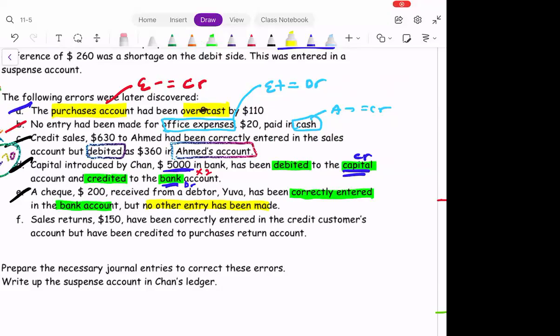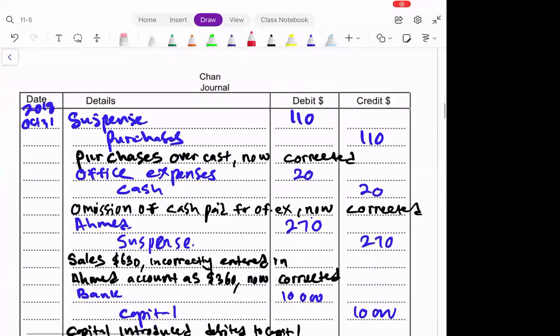But now they already recorded in the bank. So now which account am I supposed to record in? A cheque received from UA. So I supposed to record in the UA's account. But I received the money from the guy, bank account will be debit. If bank debit means UA's account will be credit. So I go to my answer here.